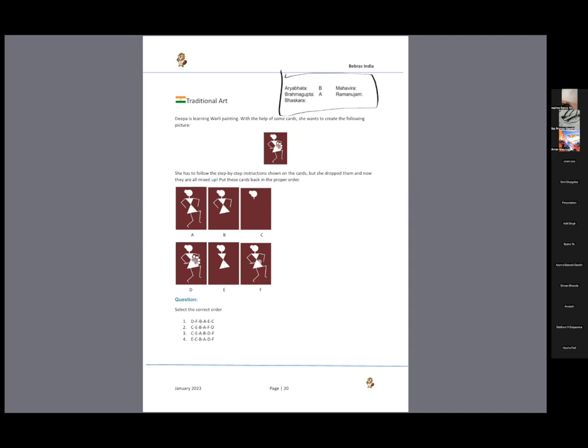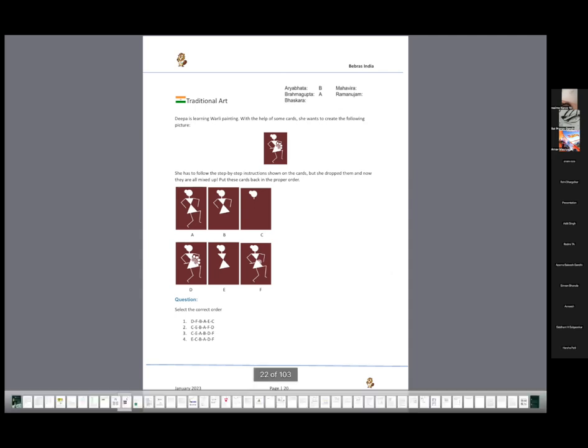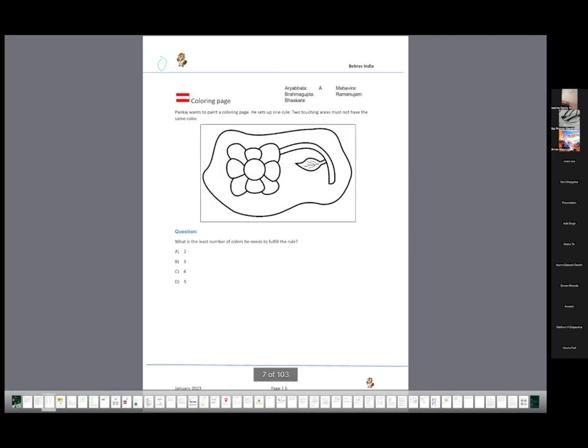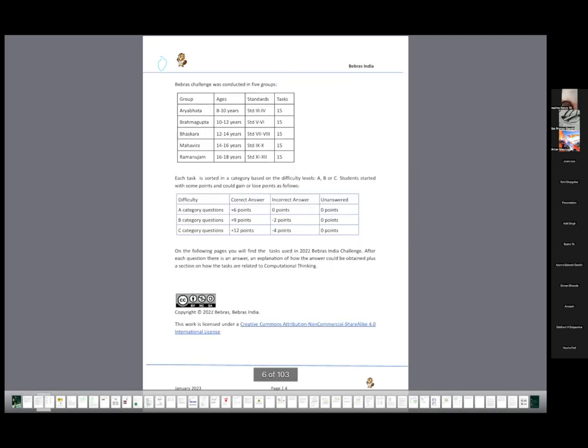Okay, and these questions can be answered by anyone, either by Aryabhatta or Brahmaputra. C or A and B is written. So for this particular question, if an Aryabhatta candidate answers, he will get more marks, and if the Brahmaputra answers, he will get a little less marks. Category A questions are of 6 points, category B questions are of 9 points, and category C questions are of 12 points.